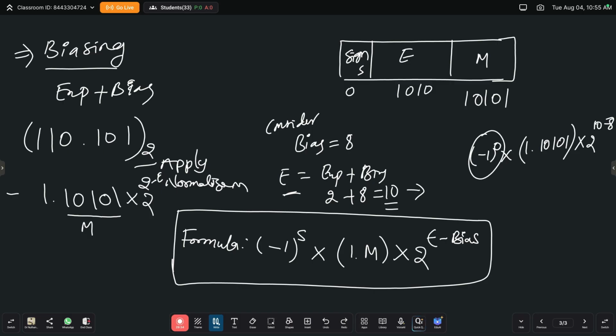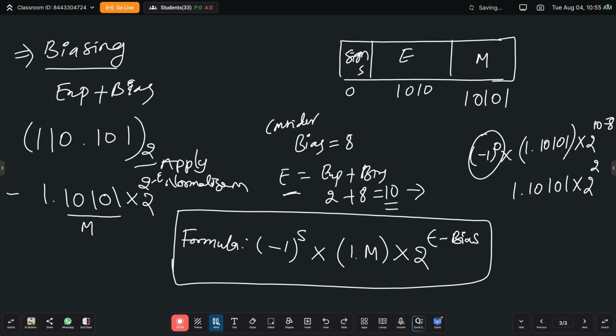Now check. So 1 into something? 1 dot 1, 0, 1, 0, 1 into 2 power 2. Same number. Are you clear? So this is the bias you should use so that you can avoid the exponent problem. Are you clear?